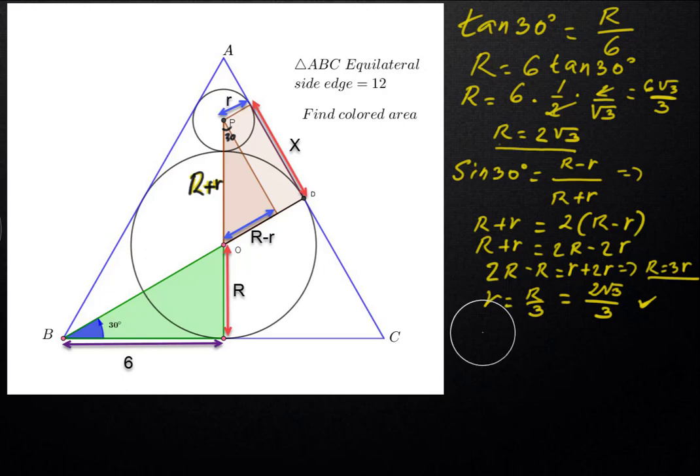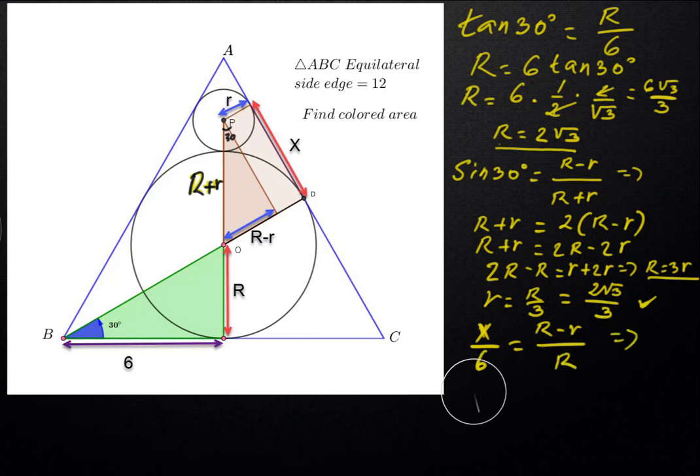If we divide x by its counterpart, the corresponding part of 6, that is the same as dividing R minus r by R on the other triangle.